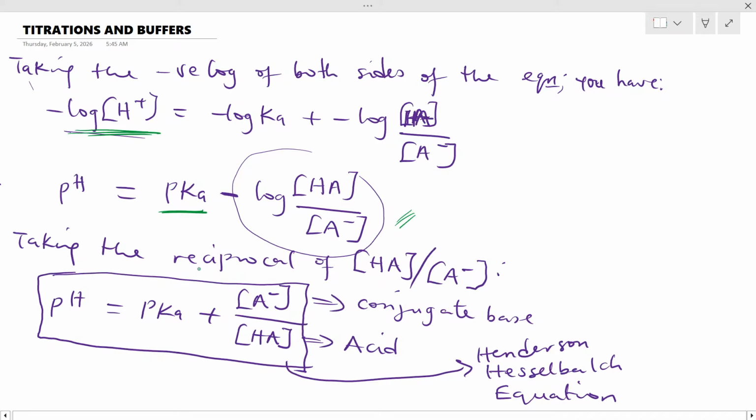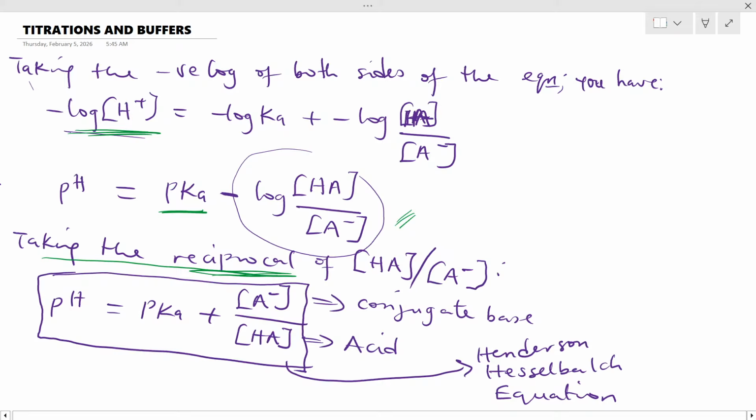To take the reciprocal. I do hope you know what reciprocal is. Okay, so to take the reciprocal, you simply flip this. So when you do that flip, the denominator goes to the numerator, and the numerator goes to the what? Denominator.